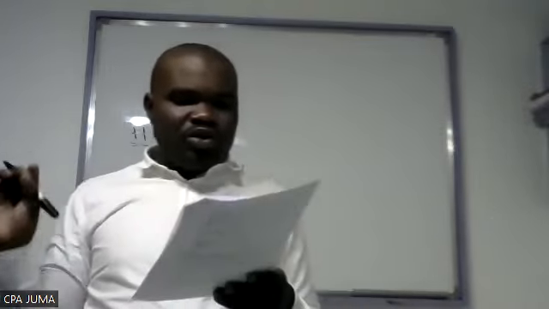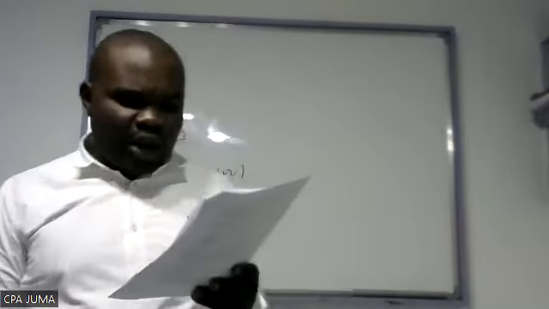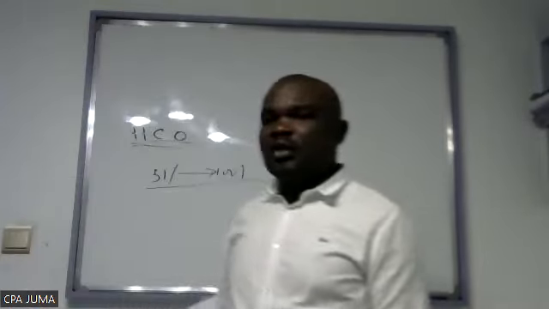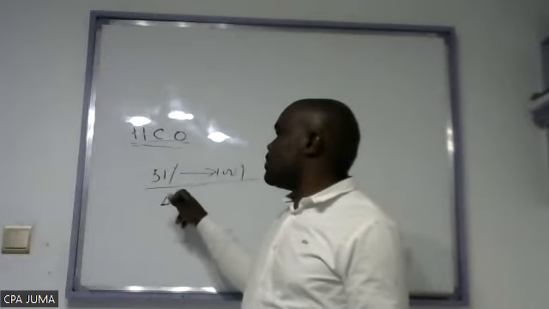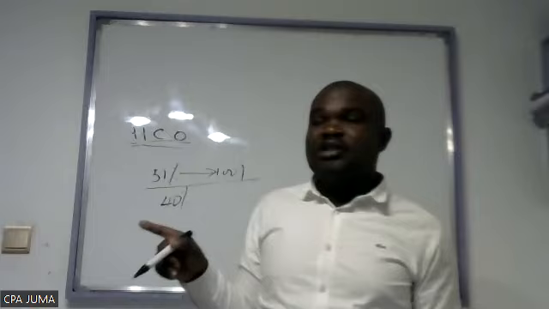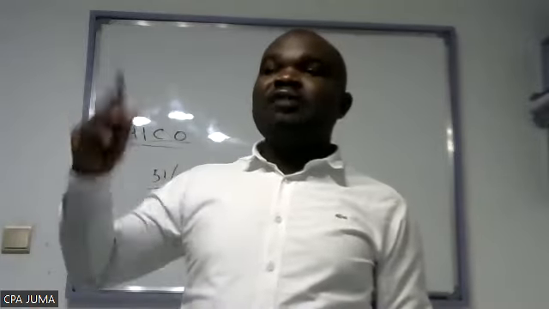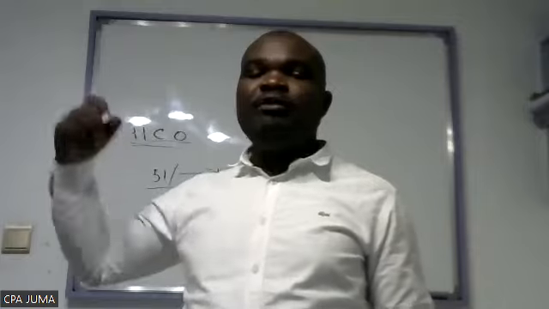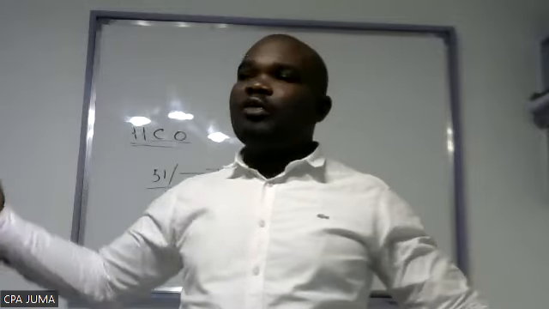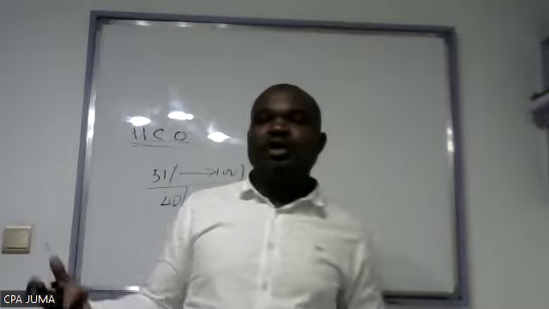So that is what we are being told, that even when more than 1/2 of the voting rights is not acquired, control may be evidenced by power, number one, over more than 1/2 of the voting rights by virtue of agreement with other investee. So if the parent may have even 40% shareholdings in that entity, but they have agreed that the parent will have more voting, it may be the board of directors or mostly the board of directors.